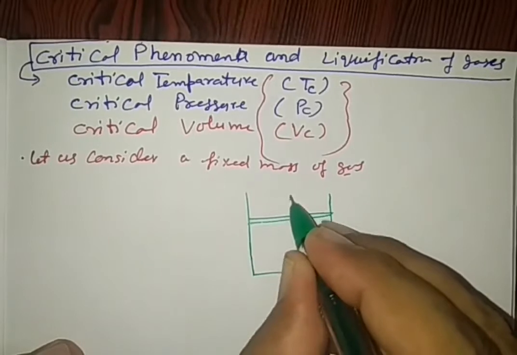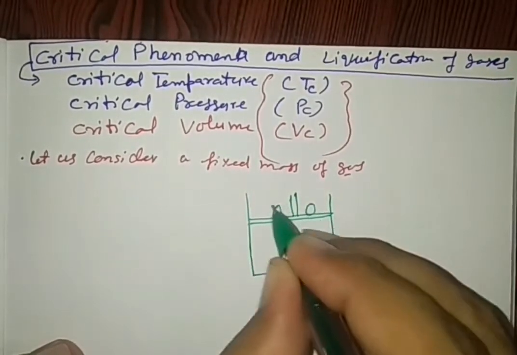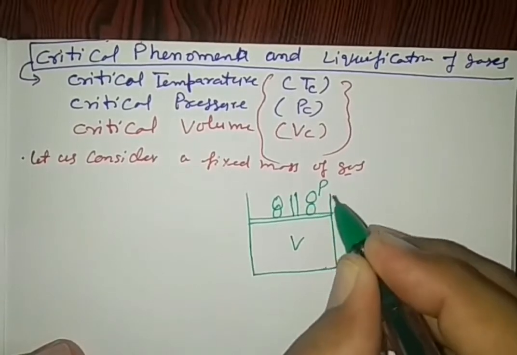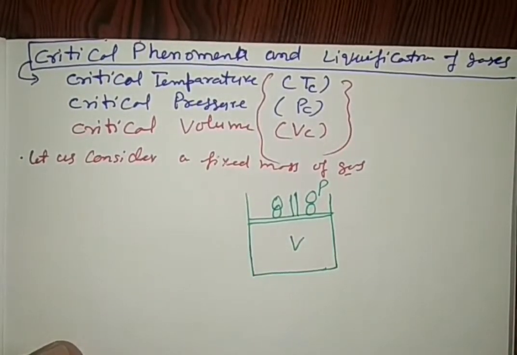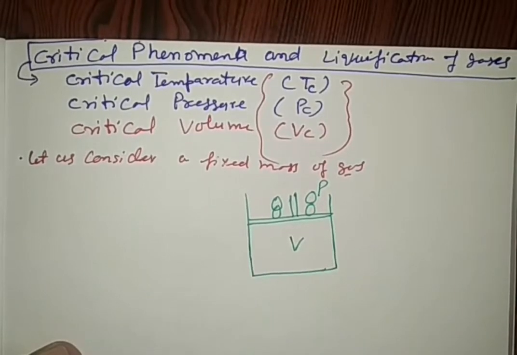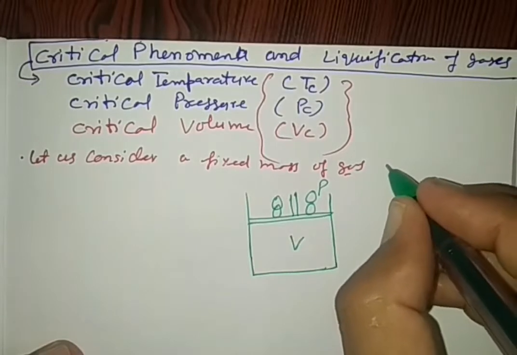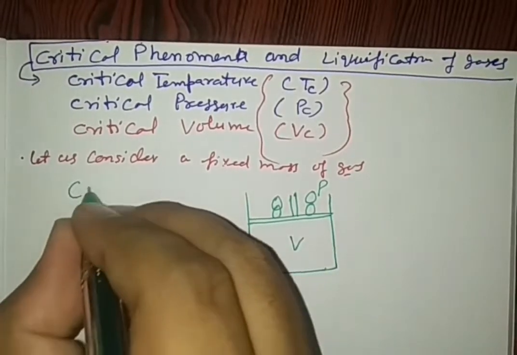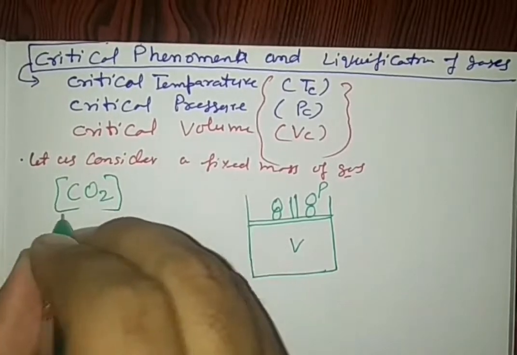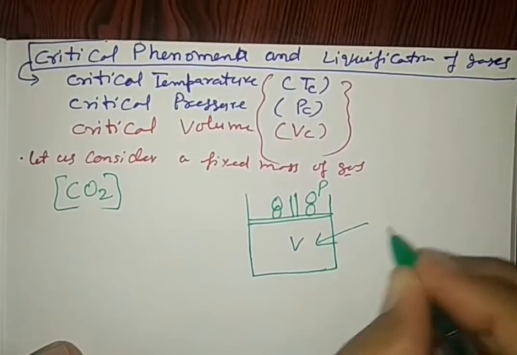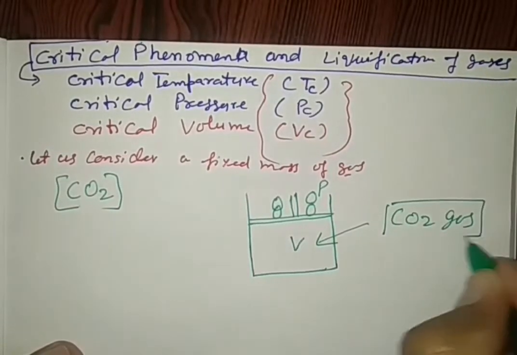Fixed mass of gas has a volume V and the pressure we are applying is P. On changing the pressure, the volume of the gas changes. This experiment is done for carbon dioxide, CO2. Carbon dioxide gas is filled here.